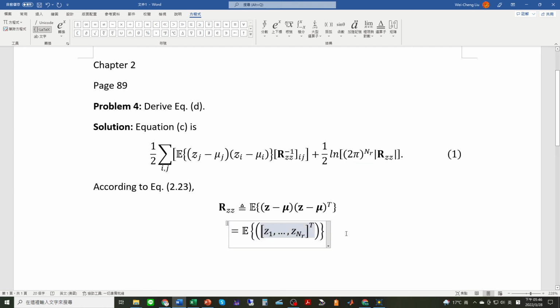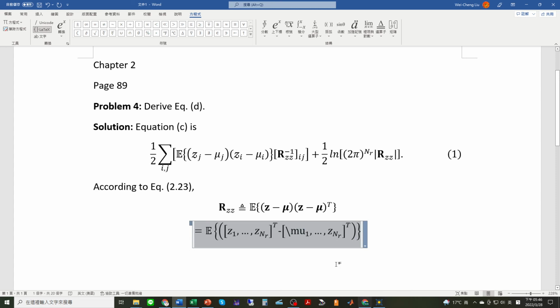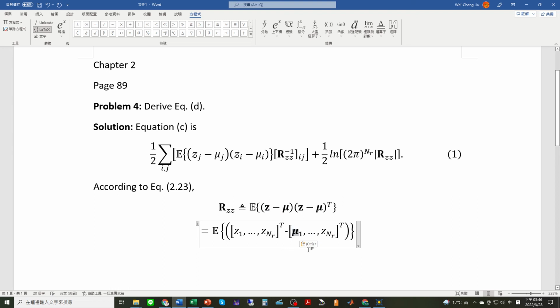and minus mu1 to mu nr. So this should be mu. I can copy this mu here, not boldface. So this should be mu here, and this should be the minus sign here.